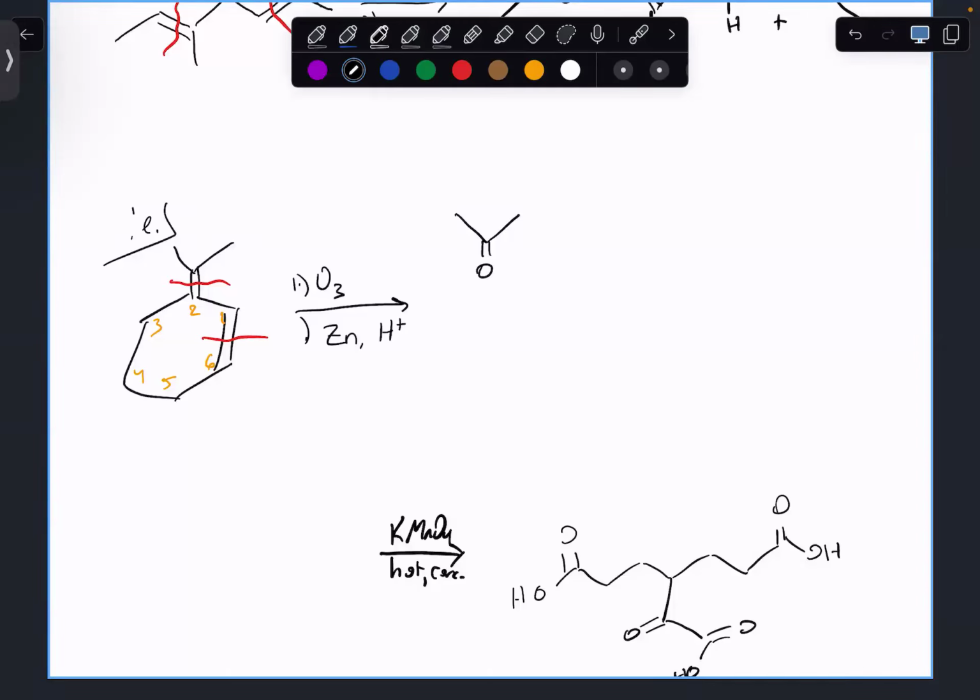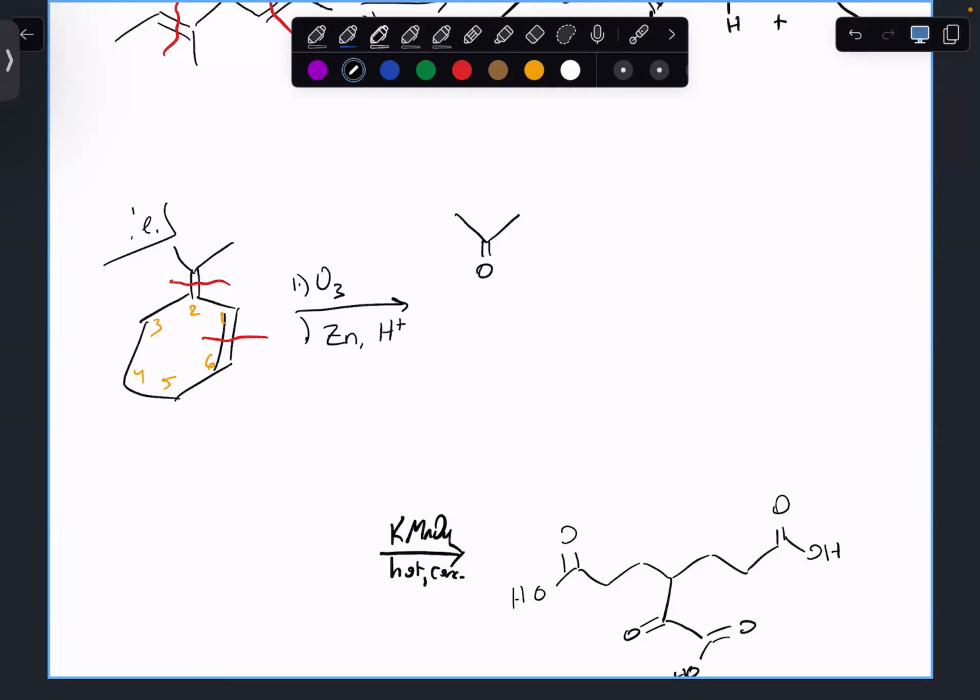Now, the trickier part is what to do with the ring. So clearly we're not going to have that three carbon thing sticking off of it anymore. But because we are breaking that, as I've numbered it, 1 to 6 bond, that means we're going to end up with a chain.